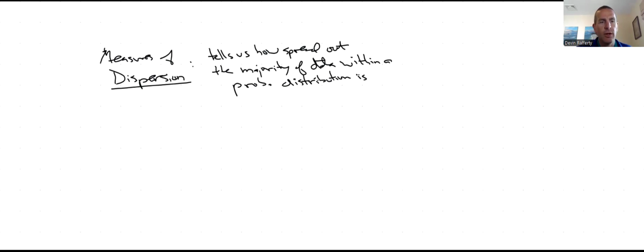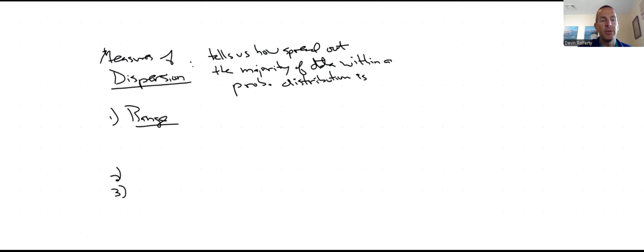There are three measures of dispersion that we're going to work with in this class. The first one I put all the way up here. It's called the range. The range is going to be a very easy one; the calculation is going to take us two seconds.